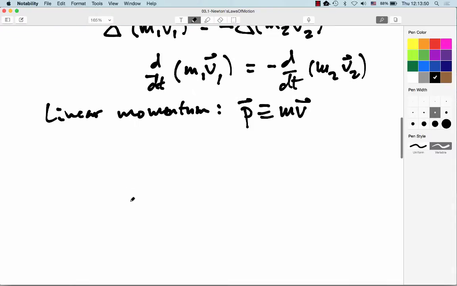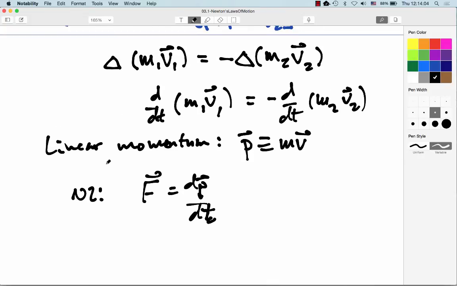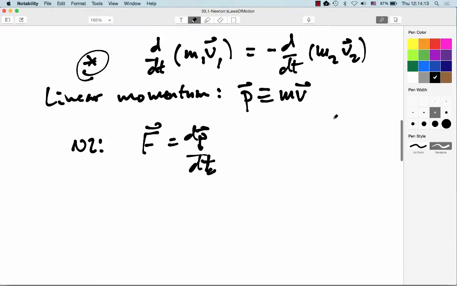Then, like I wrote before, the second law is F equals dp/dt. And following on from what we just looked at with the recoil definition of mass, we've got a d/dt of p and a minus d/dt of p.